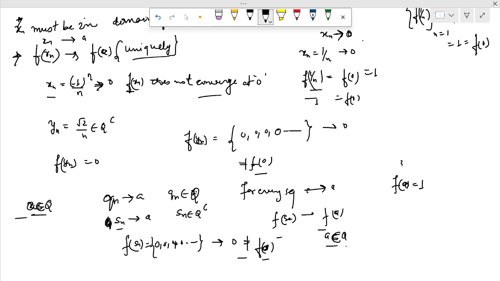And since a is rational, converging to a, you can always have a sequence of irrationals, and f of that sequence of irrationals will give you 0, 0, 0, 0. So this converges to 0, does not converge to f(a), because f(a) is simply equal to 1. Therefore, the function is discontinuous at rationals. Similarly, the function is discontinuous at every irrational point, and at 0. So overall, I can say the function is discontinuous on R.